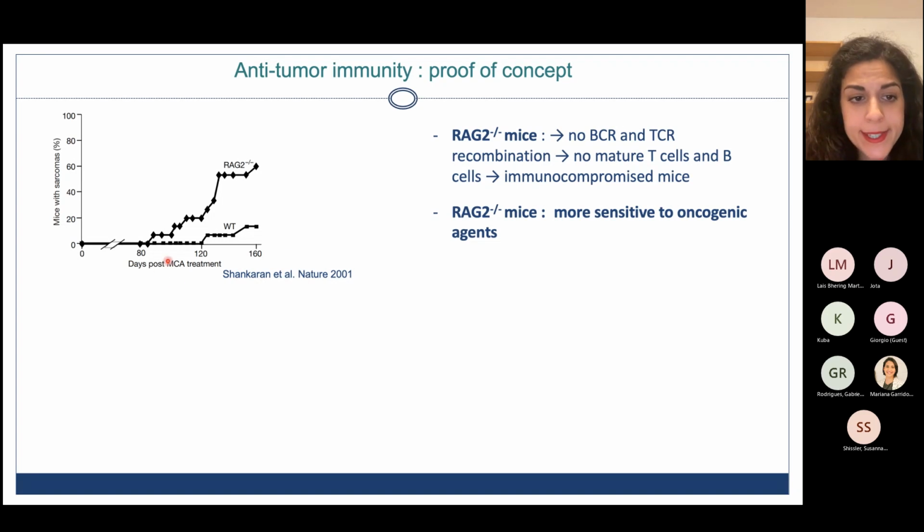If you inject this treatment in wild-type mice, so mice that are normal, or in specific mice, you have a different rate of incidence of sarcoma.